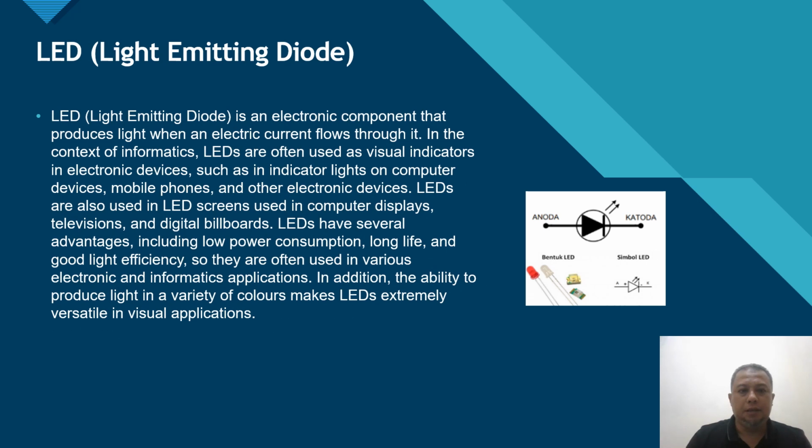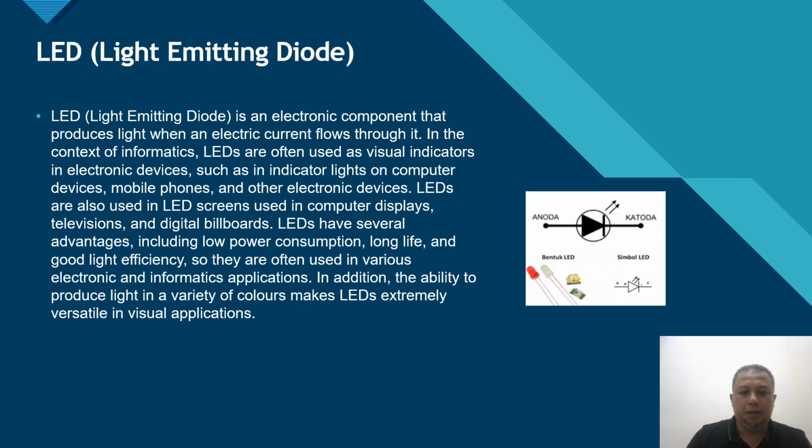LED, light emitting diode. An LED is an electronic component that produces light when an electrical current flows through it. LEDs have several advantages, including low power consumption, long life, and good light efficiency.